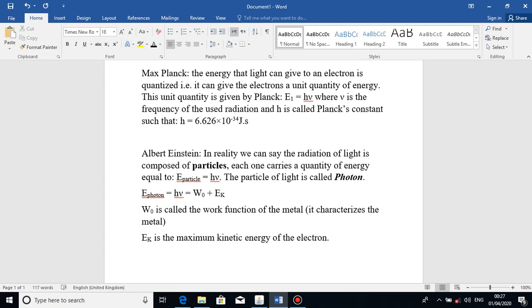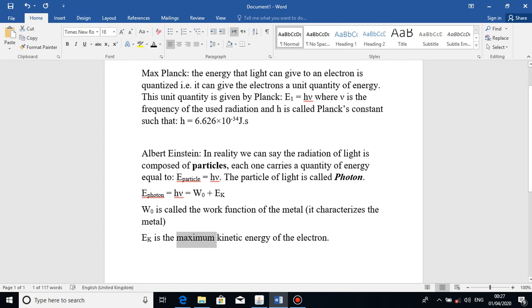What do I mean by the word maximum? The surface of metal, let me imagine it as a vertical metal, like this. So I have free electrons on the surface and below.